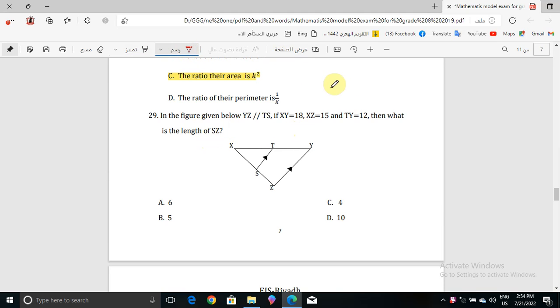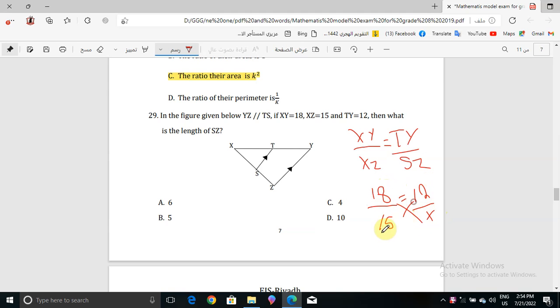So what we'll do here, first of all, we'll make XY over XZ, which is equal to TY over SZ. So that means 18 over 15, which is equal to 12 over x.